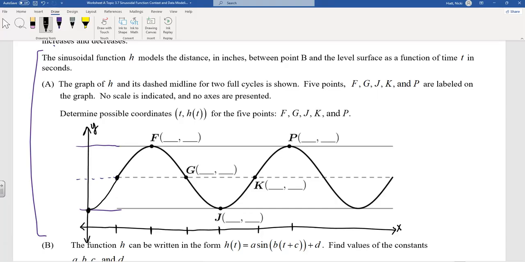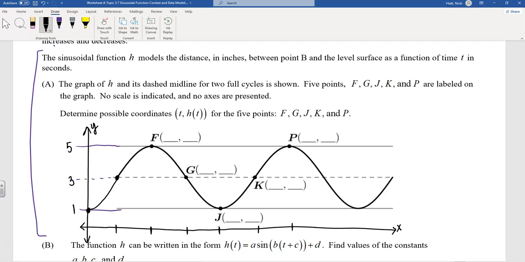Let's think about the y. The lowest point that handle goes to is 1 inch above the ground. If it's in the middle, the center is at 3, and then 5 here. You should always make sure these are in order, right? 1, 3, 5. Don't put 5, 3, 1. That makes no sense for graphing things.